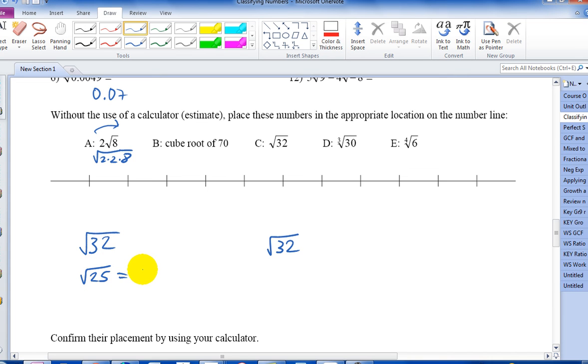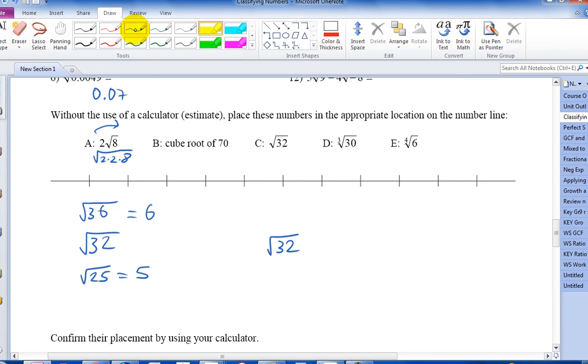That equals 5. What's the next perfect square that's above it? 36. And what does 36 equal? 6. So 6 and 5 are 1 apart, so there's got to be some decimals in between there.